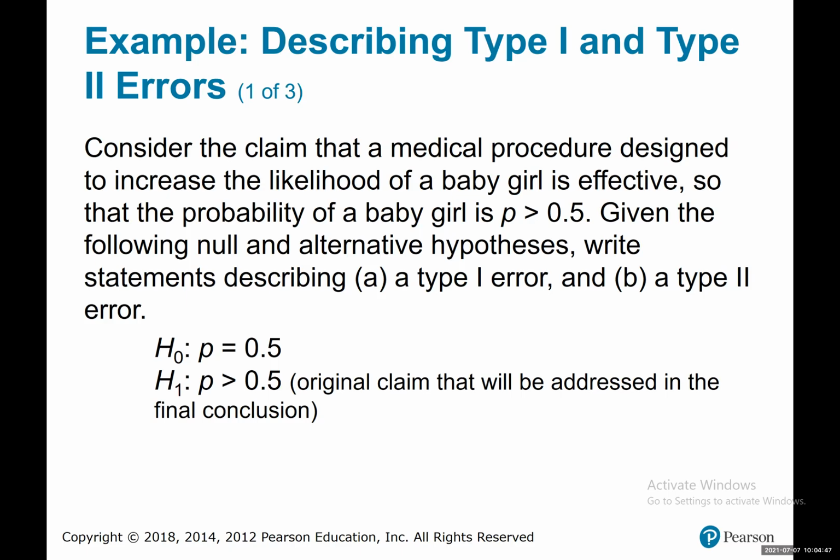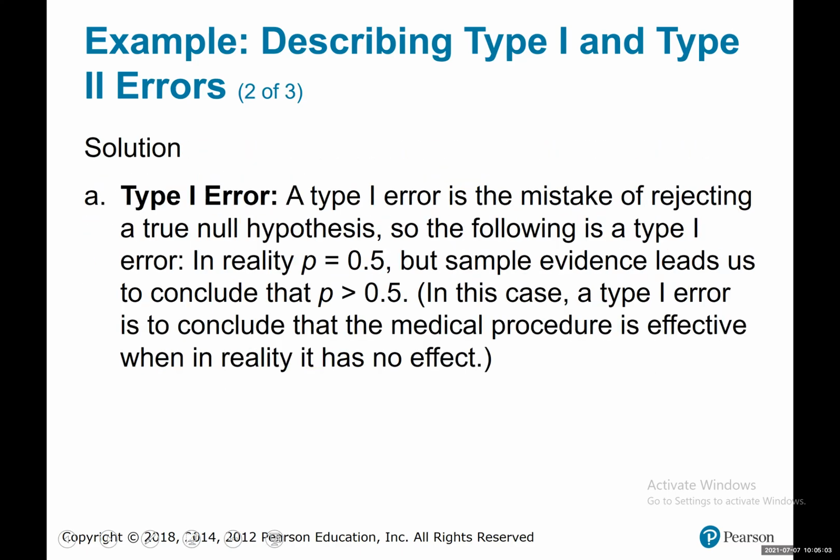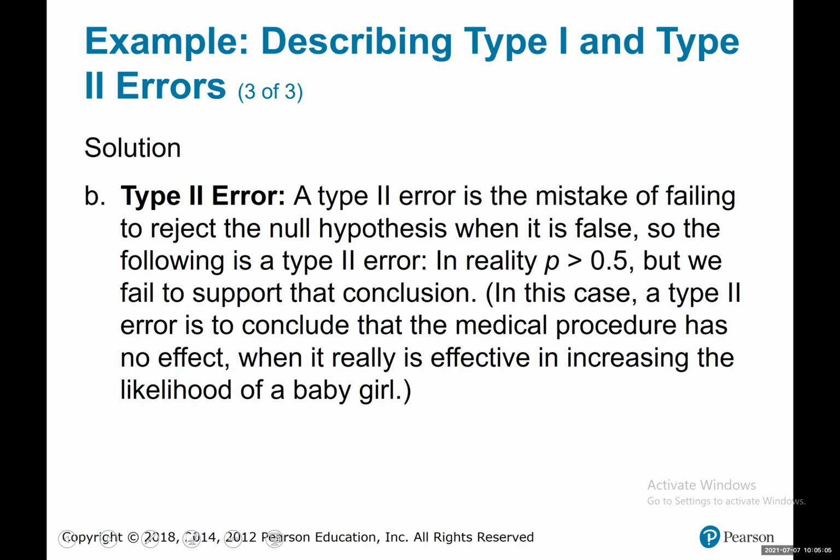So they give you something without telling you if it's fail to reject or reject a null, and they say which one it is. And they ask what happens if it was type 1 error, what happens if it was type 2 error. Okay.